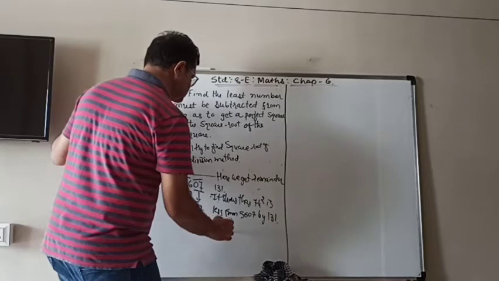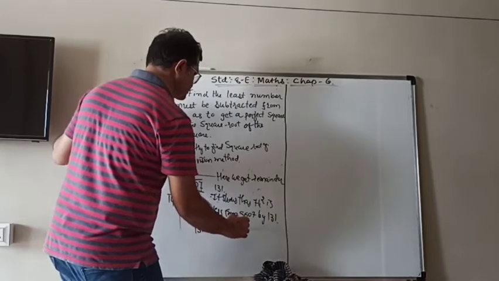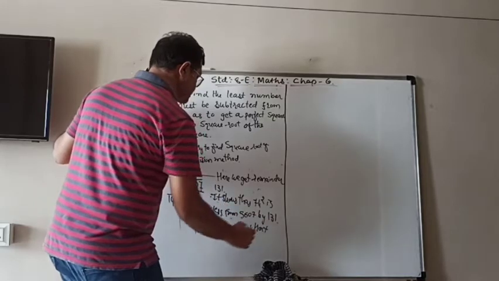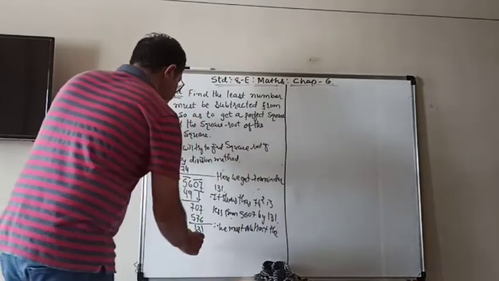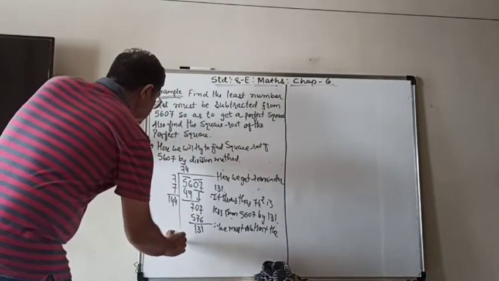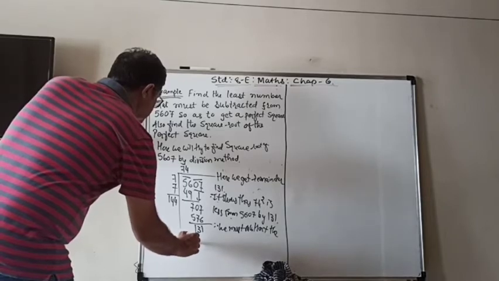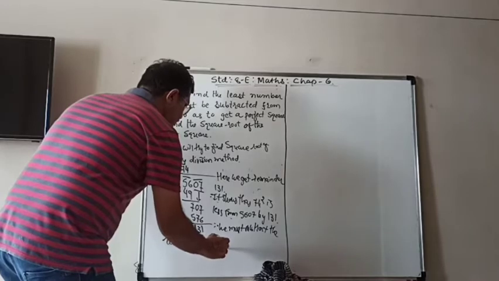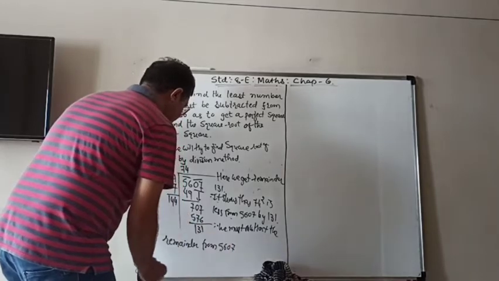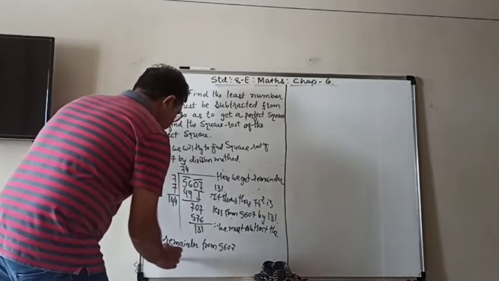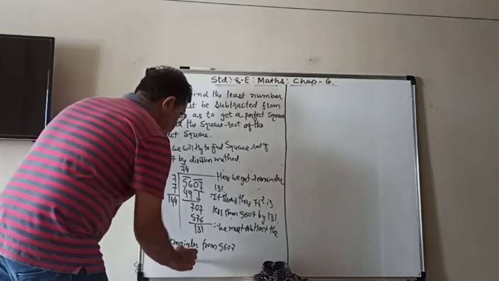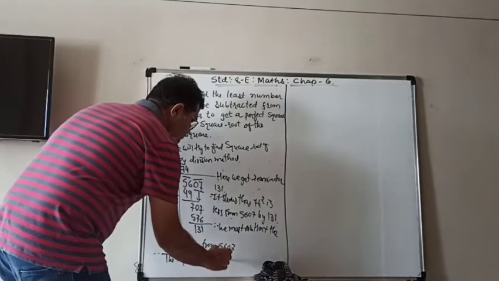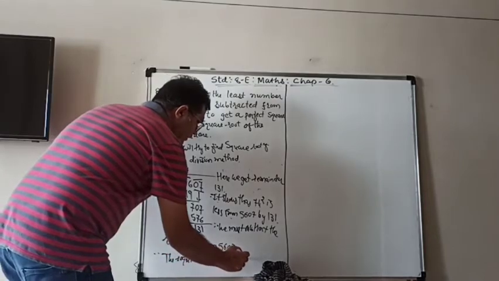Therefore we must subtract the remainder from 5607. Therefore the required number is 131.